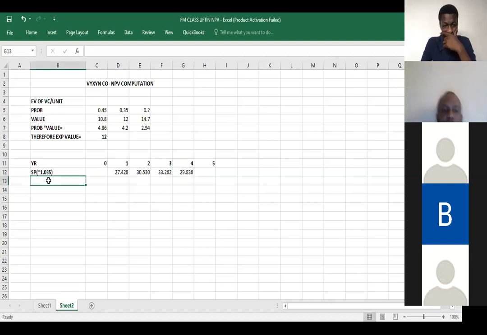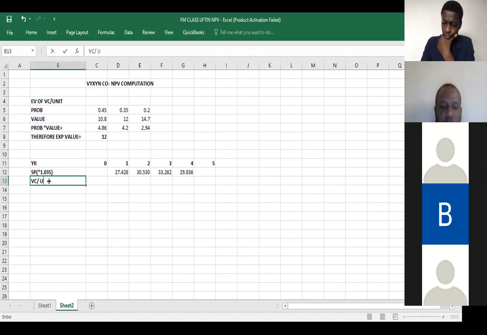All right. So the next thing to do, okay. So now variable cost per unit.